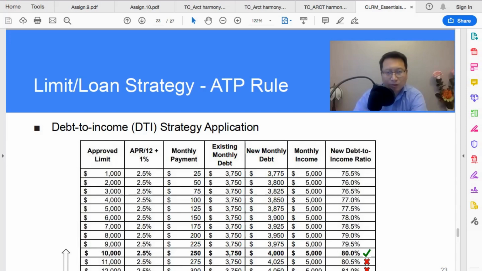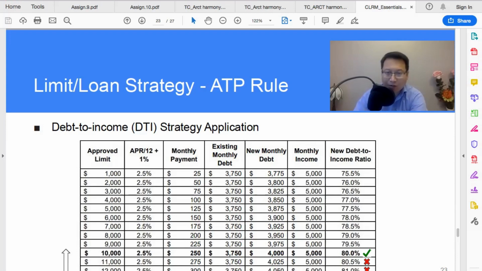The consumer has an annual income of $60,000. That translates into $5,000 per month. So the new debt to income ratio is simply the new monthly debt, $4,050 divided by $5,000 monthly income. So that's 81%. It's over the 80% cap.